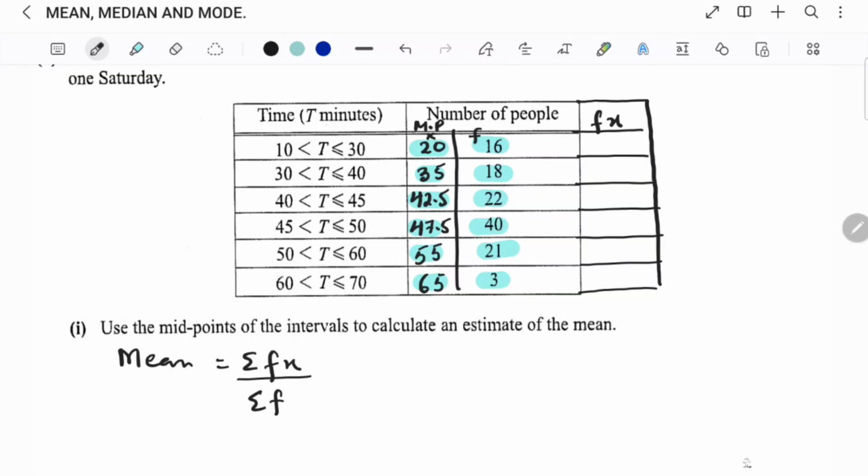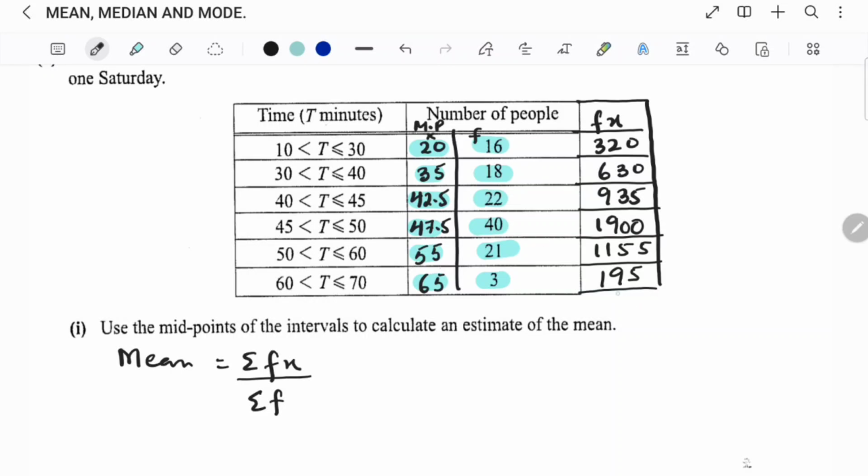So we'll do 20 times 16 is 320, 35 times 18 is 630, and then 43.5 times 22 becomes 935, and then 47.5 times 40 you will have 1900, and then 55 times 21 is 1155, and then 65 times 3 is 195.